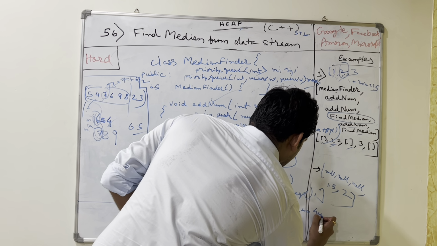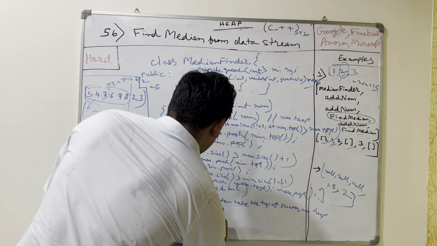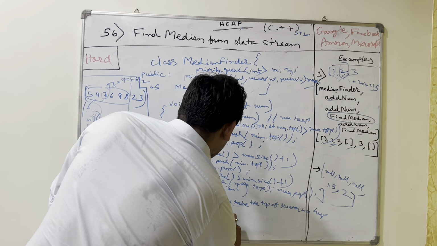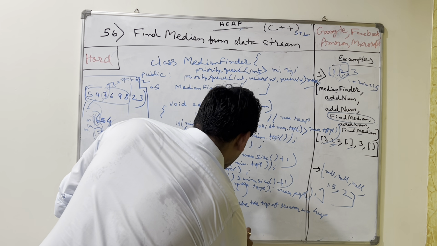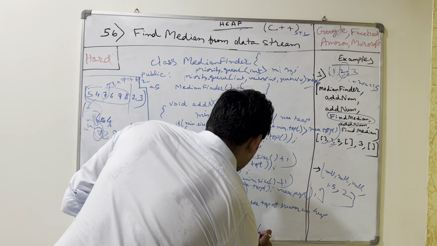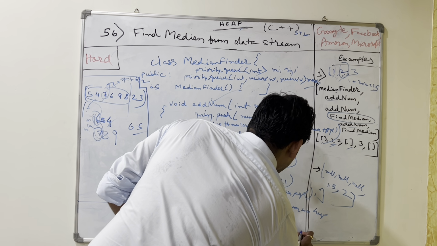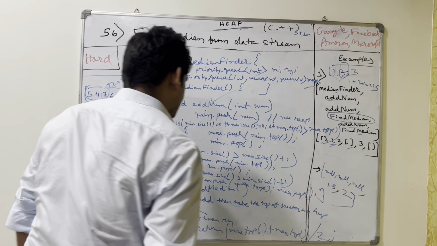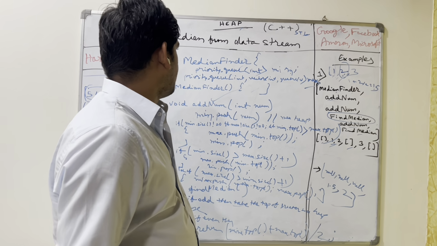Else, if even, then return min.top plus max.top divided by 2, the middlemost value. So in this way we can solve and optimize this problem.